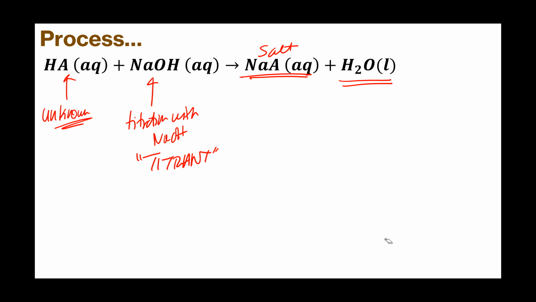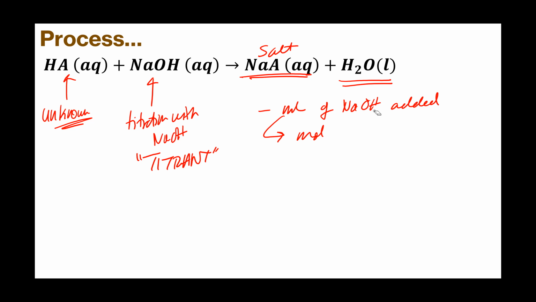Ultimately, what we're going to figure out is the volume of sodium hydroxide that was added. As we saw before in the previous video, the volume of sodium hydroxide added will lead us to moles of sodium hydroxide.